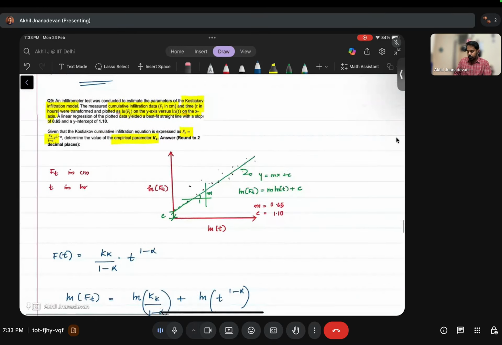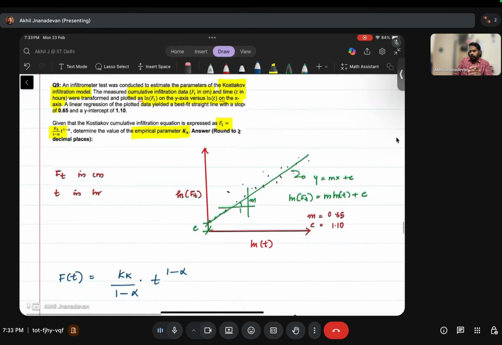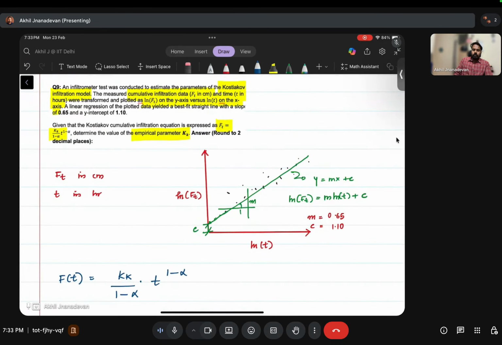So that is how we solve it. Basically, to find the parameter, which will be different for different types of soil, we perform this experiment using instruments and get the cumulative infiltration depth and time.